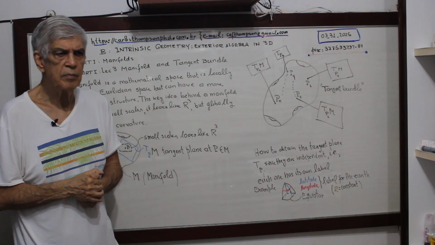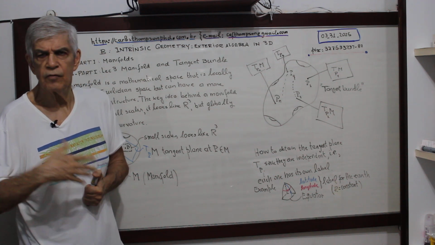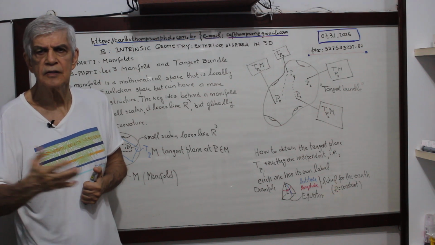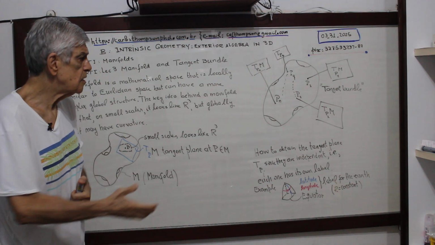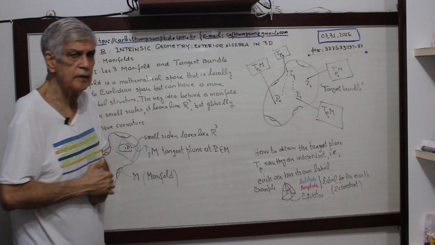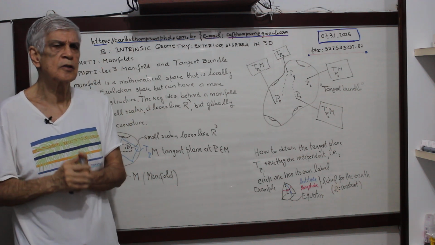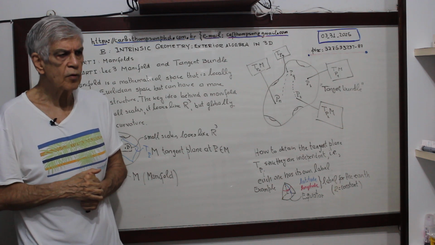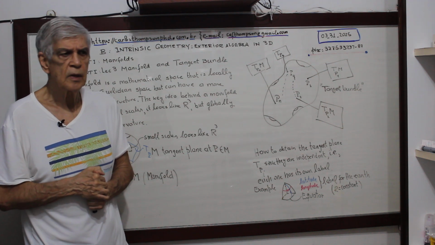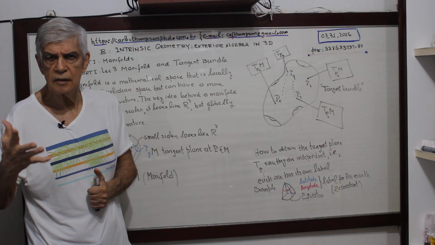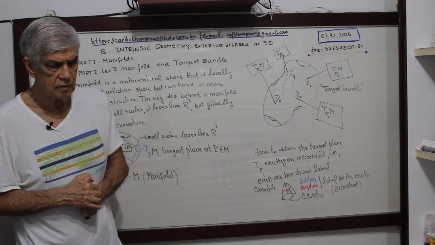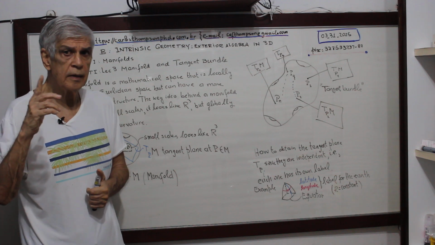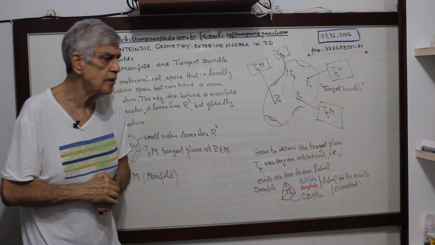classes in mechanical engineering, civil engineering, mathematics, and physics. This is intrinsic geometry. It looks strange, you see, because it's completely different from the calculus you have seen in the courses, the graduate course, and also in the undergraduate course.